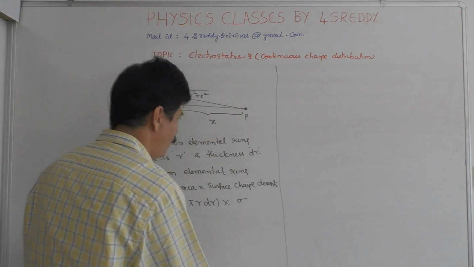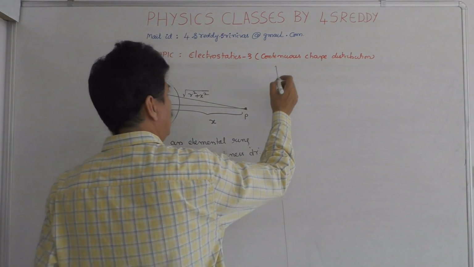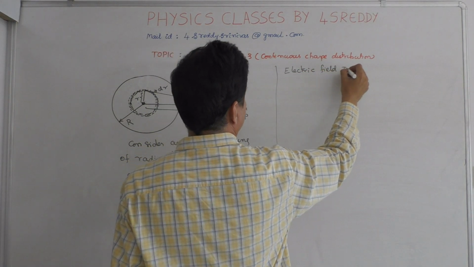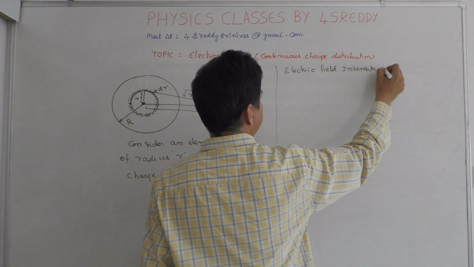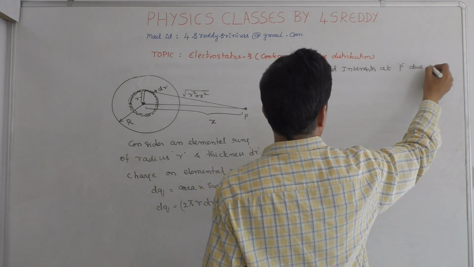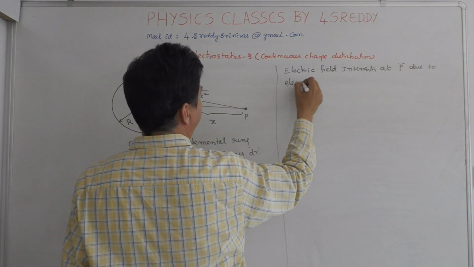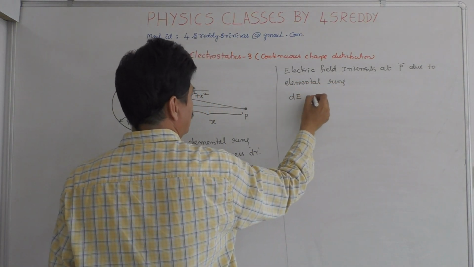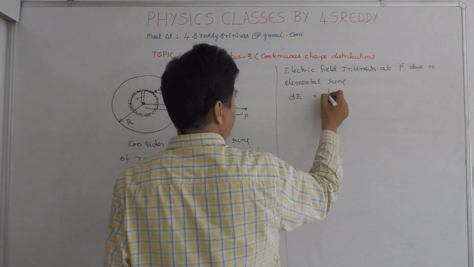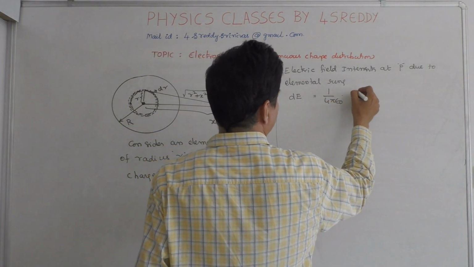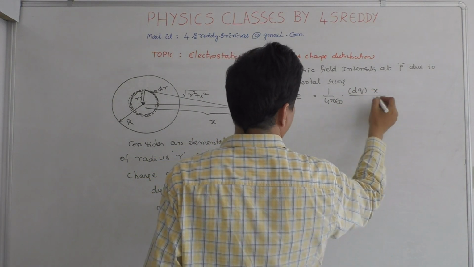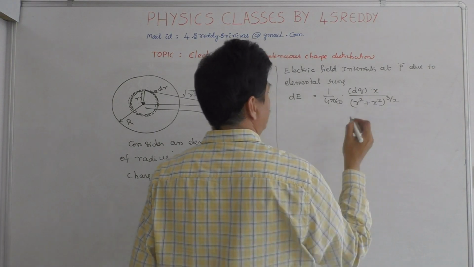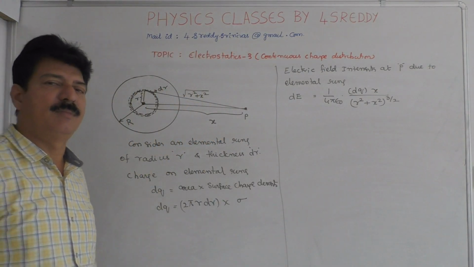Therefore, once you got the idea of this, the electric field intensity at P due to the elemental ring is given by dE is equals to 1 by 4 pi epsilon naught, dq into x by (r square plus x square) whole power 3 by 2, because already we know the formula for that.